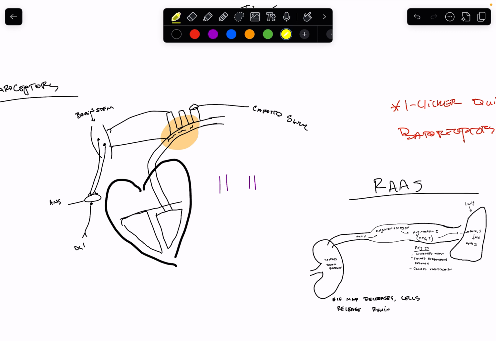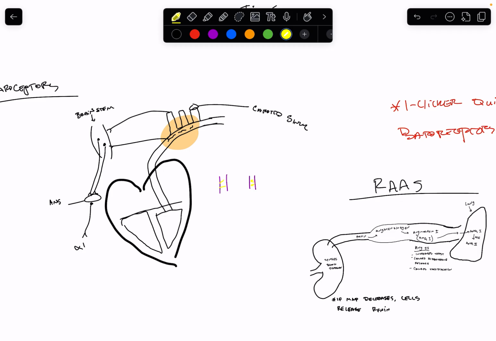So let's say this is the carotid sinus, these little nerve innervations. And essentially what they do is they stretch, and whenever they stretch, it is proportional to blood pressure.